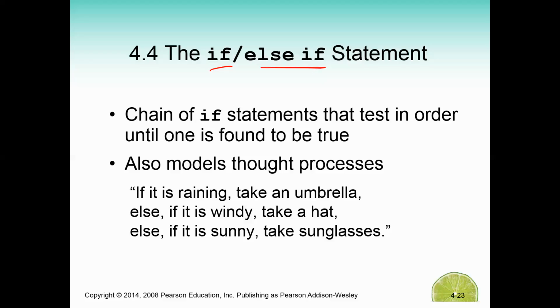So if I'm checking whether the major is CIS, CWD, or COSC, 3 different cases, I'm going to say if the major is CIS, do this. If not, then ask if the major is CWD. If it is, do something. If it's not, check again if the major is COSC. So every time the condition is false, I'm checking for another case.